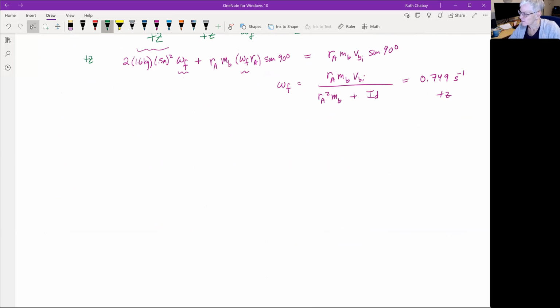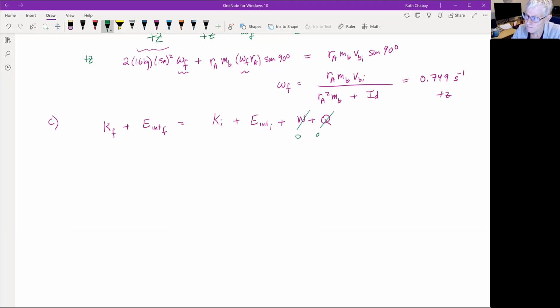So finally, this thing should have gotten hotter because the bullet embedded itself in the dumbbell. So the final kinetic energy plus the final internal energy is the initial kinetic energy plus the initial internal energy plus any work done by external forces plus transfer from the surroundings due to a temperature difference, and these are both 0.